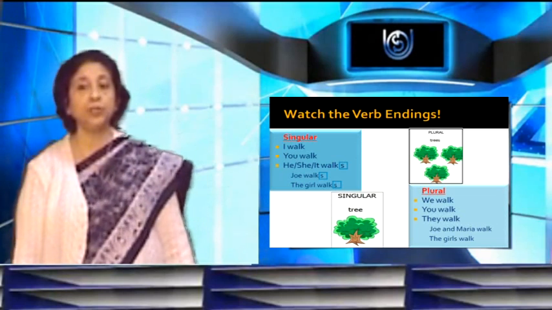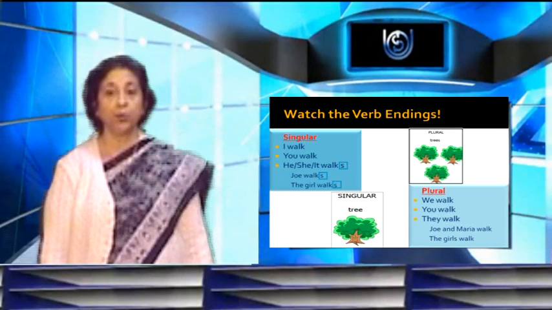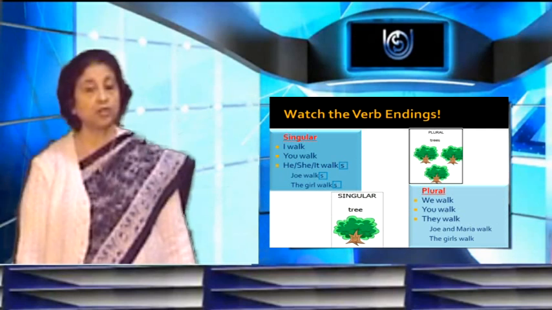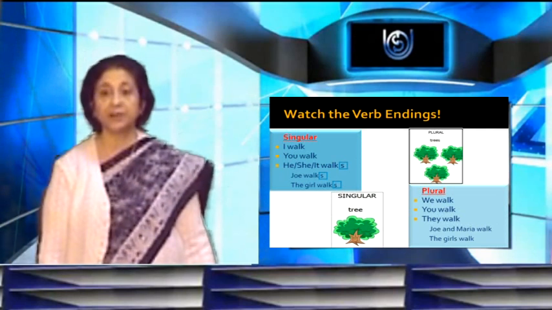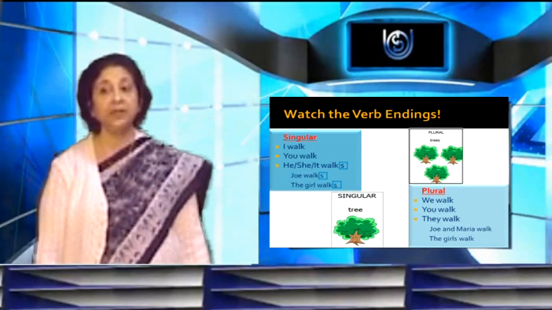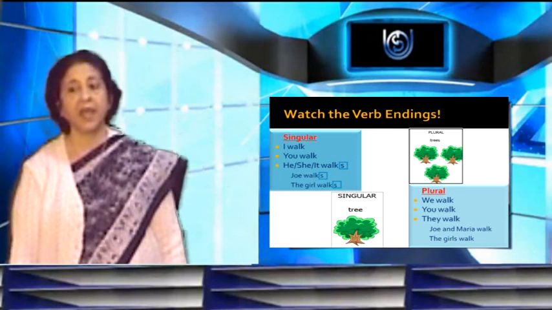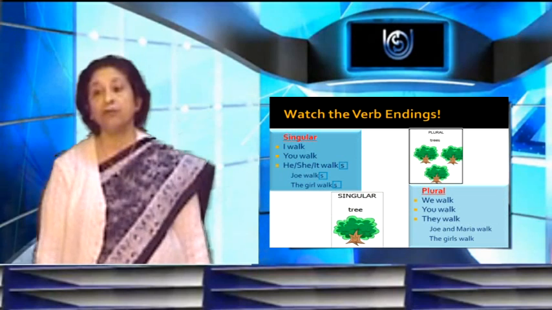Only with I and you in singular number, we use the first form of verb. Only with I and you. For the rest of the singular subjects and names, when the subject is singular, we use the first form of verb and put s. And in plural, we just put the first form of verb.